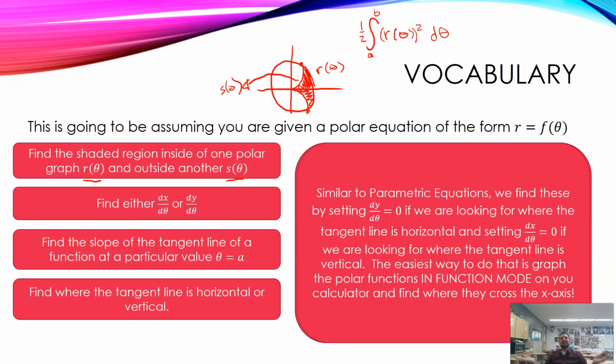If I'm looking to see where the tangent line is vertical, because it's entirely possible to have a vertical tangent line on a polar graph, then I take dx d theta and set that equal to 0. Again, we can just do that in normal mode. We don't have to be in polar mode to find where the tangent line is horizontal or vertical.